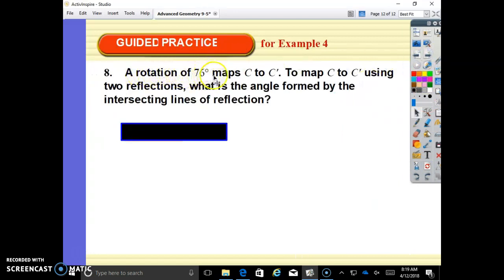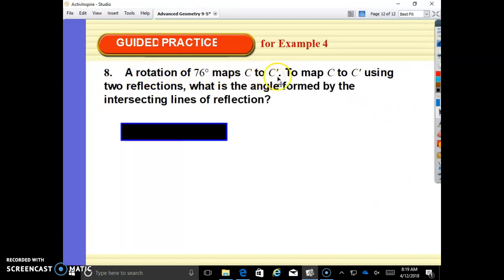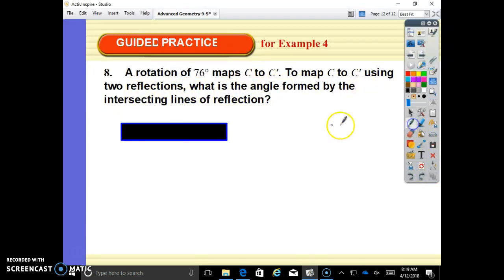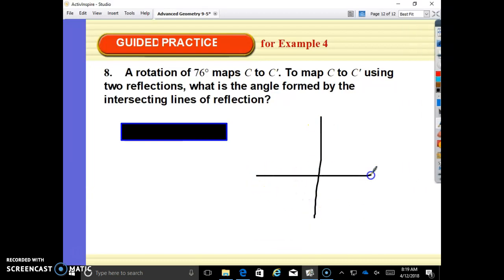A rotation of 76 degrees maps C to C prime. To map C to C prime using two reflections, what is the angle formed by the intersecting lines of reflection? So basically this is like saying, what is this angle? If I'm taking this and I'm reflecting it, I'm going to rotate it to here instead of reflect, reflect. What would it have to be if my rotation is 76 degrees?